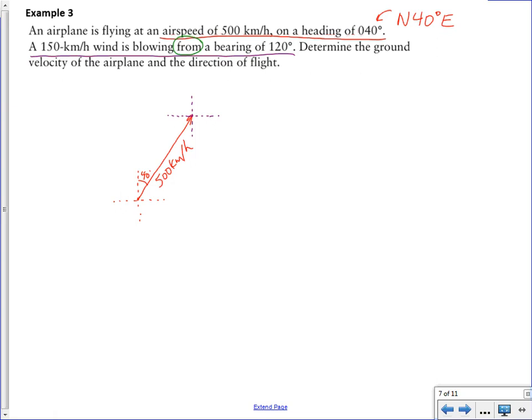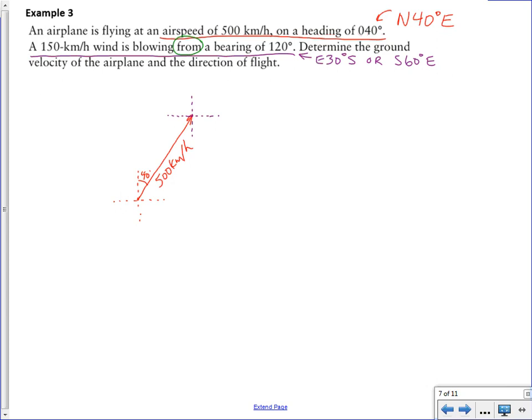Let's first figure out where 120 is. Remember, 90 would be east. So where's 120? An extra 30 degrees. East 30 degrees south, right? Or south 60 degrees east. Remember, that's what a bearing of 120 is.